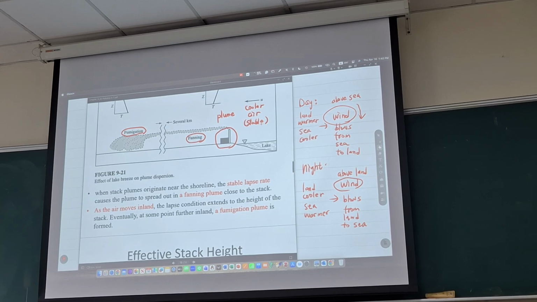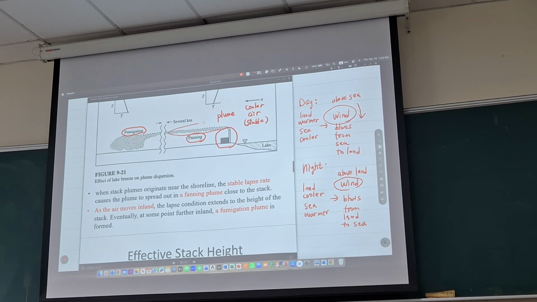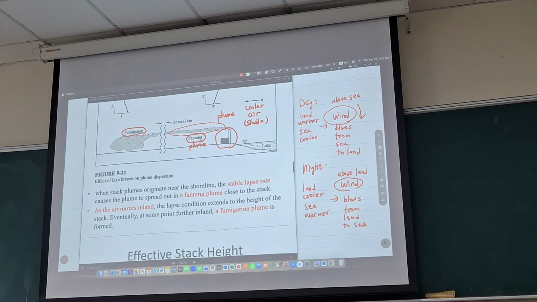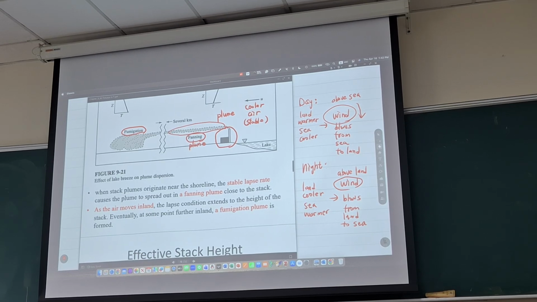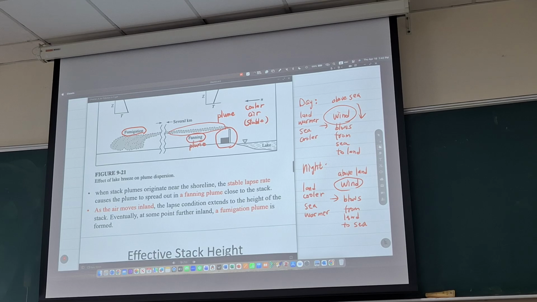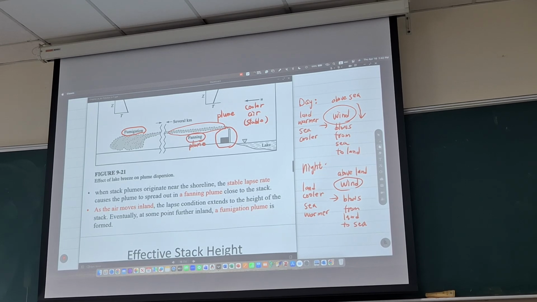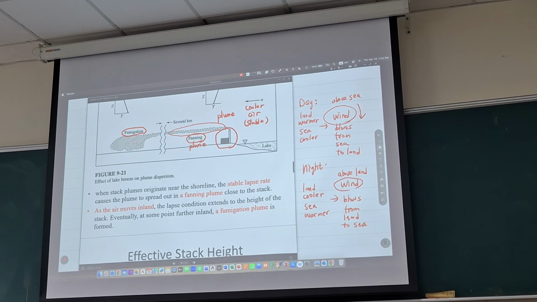So the smoke spreads mainly horizontally, and we call this fanning plume. This is why near the stack, the plume looks thin and flat.